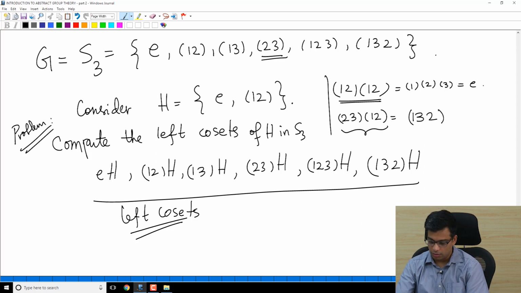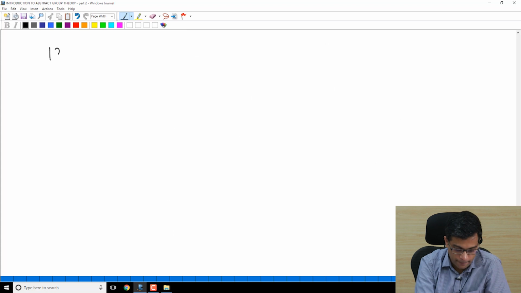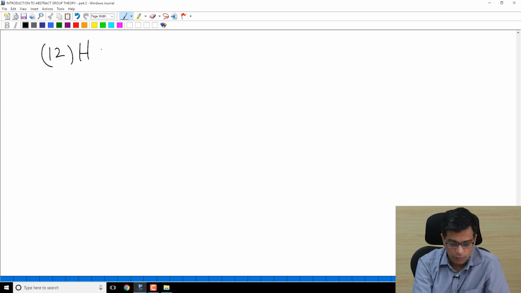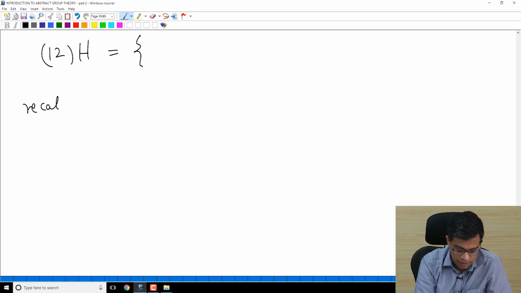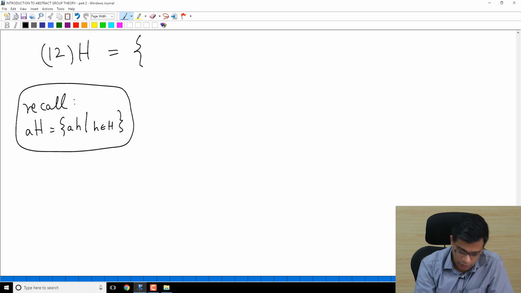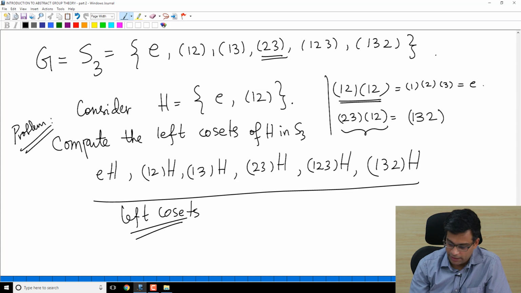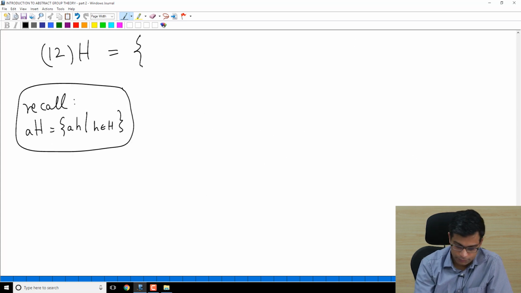So let's compute (1 2)H. Recall in general, the left coset AH is the set consisting of A times small h. In our example, H is E comma (1 2).